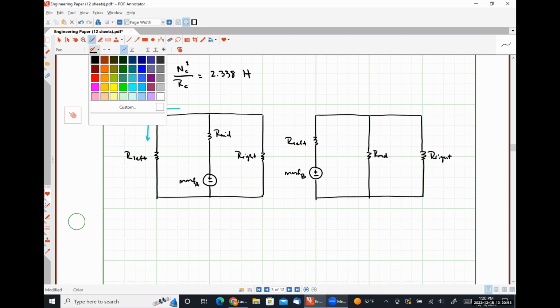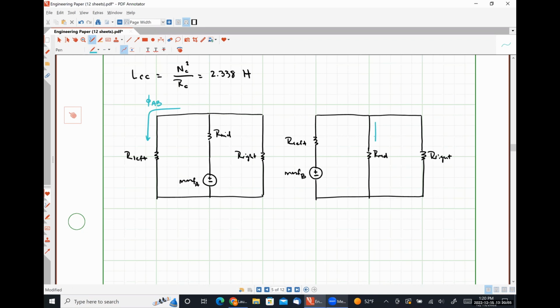I'm going to call this flux phi BA because it is the magnetic flux that was generated by MMF B that is flowing through coil A. Whichever one we choose should give us the exact same mutual inductance in the end.